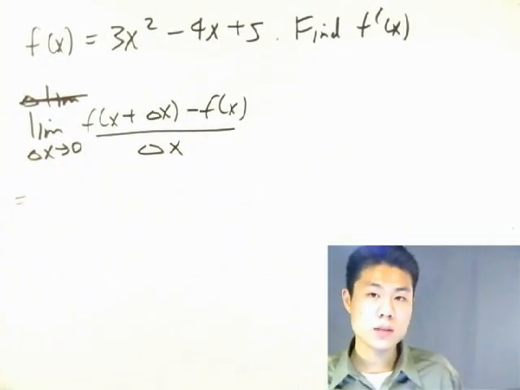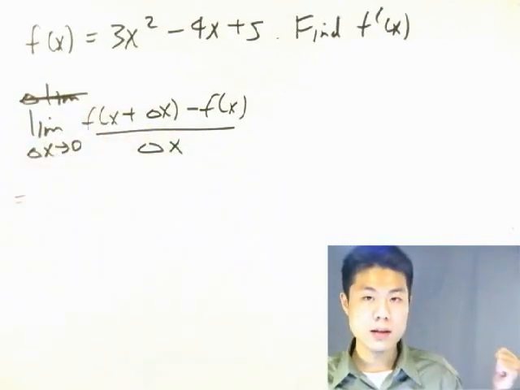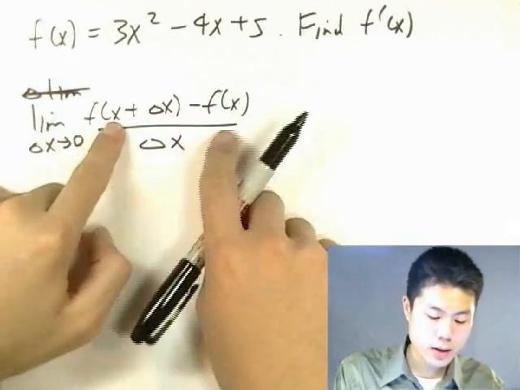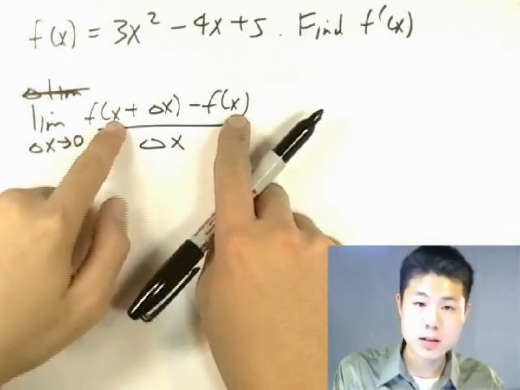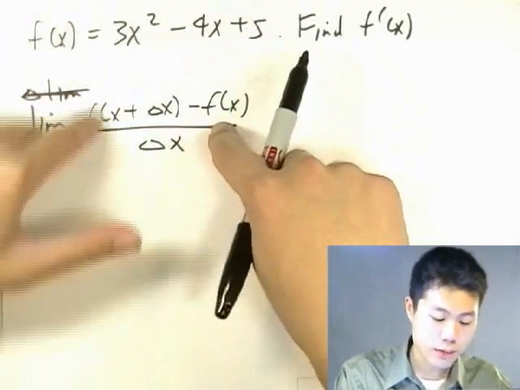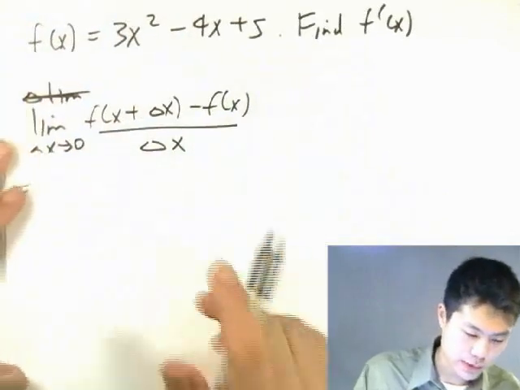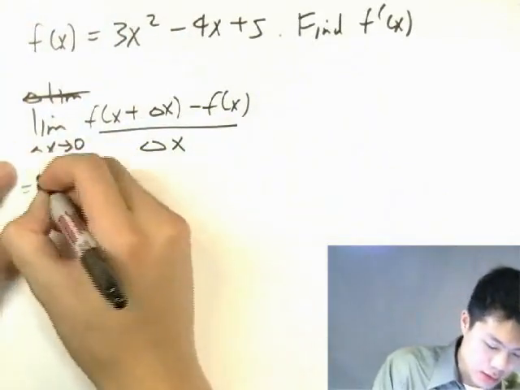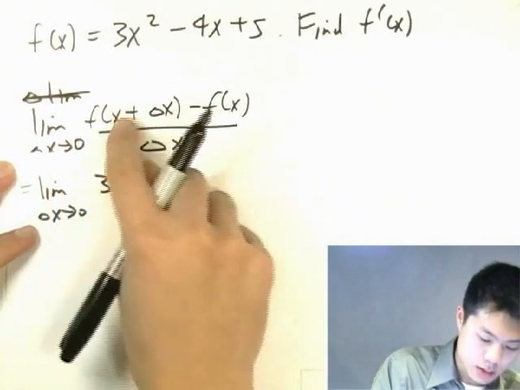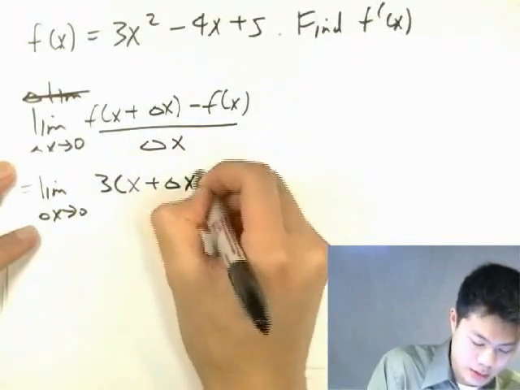And then this is basically the same thing I did in the last lesson, in the last example. We're going to leave the x's alone. We're not going to plug anything into them. We're just simply going to replace f with the actual function. So we're going to plug in x plus delta x.